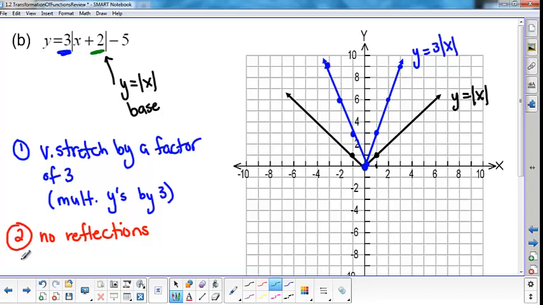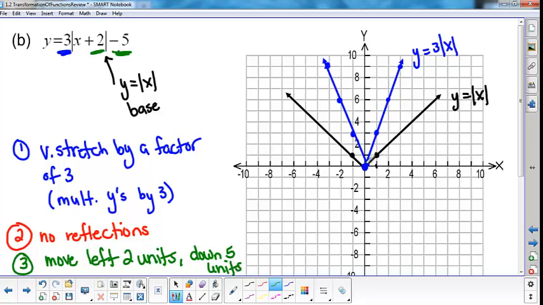And remember, horizontal translations are always the opposite sign. So I know that I'm going to move my graph left 2 units, and at the same time I'm going to move my graph down 5 units.